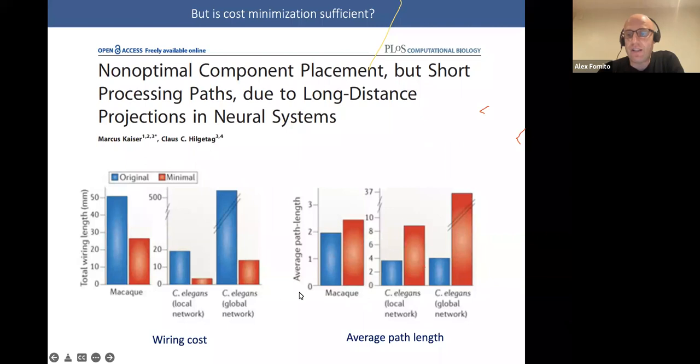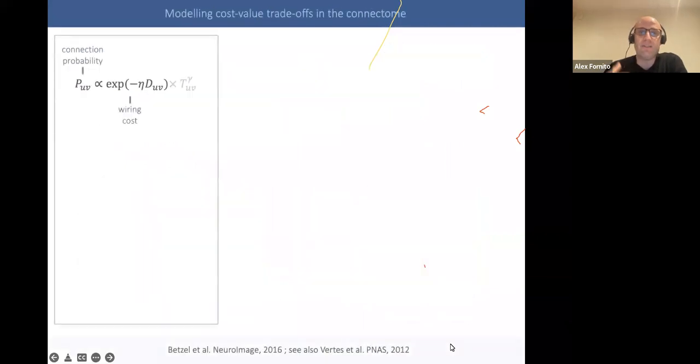So then we can ask, okay, well, can we try to capture this trade-off a bit more directly? So returning to our simple distance-dependent model here, we've got probability of connecting two nodes exponentially related to the distance between them.